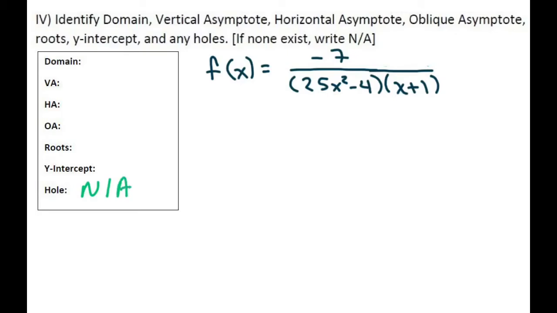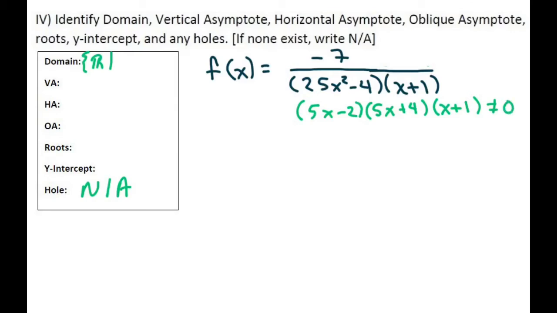Now, for our domain, we want it to be all real numbers, but we can't divide by 0, so I'm going to go ahead and factor out this one right here. This is 5x minus 2 times 5x plus 2. Then we have x plus 1. And we know this can't equal 0.